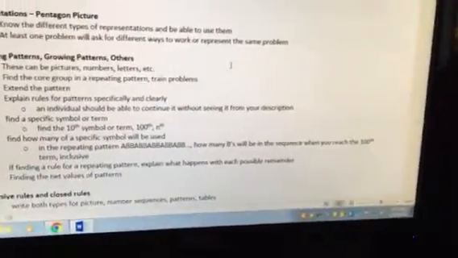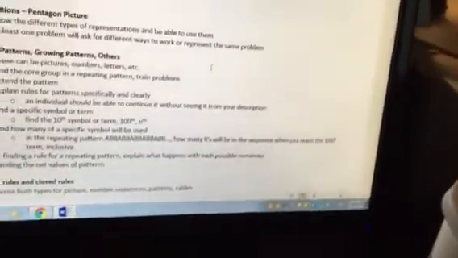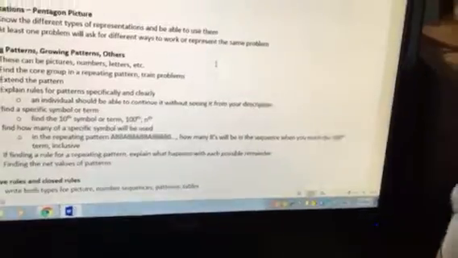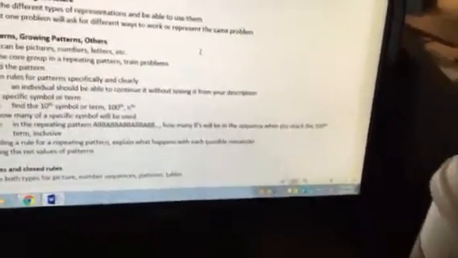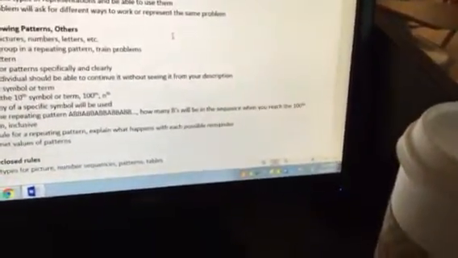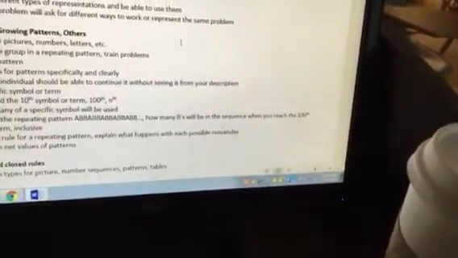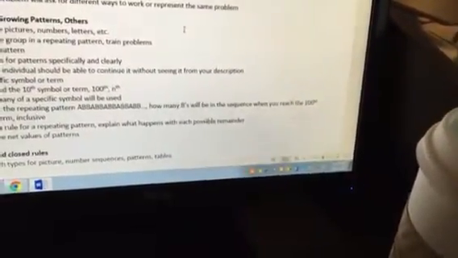Okay, be able to extend the pattern, like Isaac with his L shape with the blocks. When I did say, okay, the L problem, draw the 5th figure. So be able to extend the pattern.